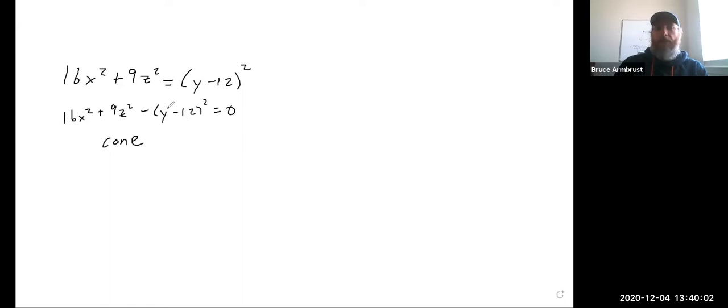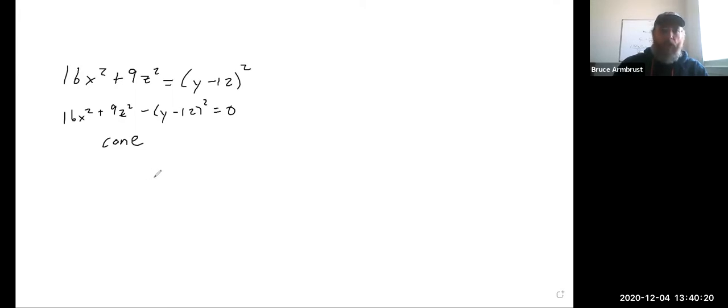It's oriented with the y-axis going down the middle of it. Actually, y equals 12 going down the middle of it. So it's oriented in the y direction.